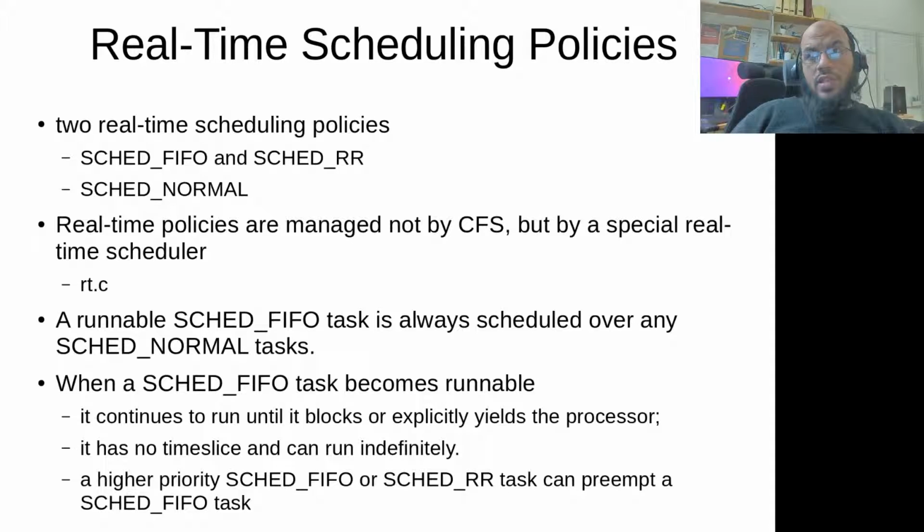This is used by the real-time scheduler to choose which real-time task to run first. So something at priority 99 will definitely run before something at priority 50, for example. And as 99 takes precedence over 50, that means that 99 can run forever and thus can starve the whole system.